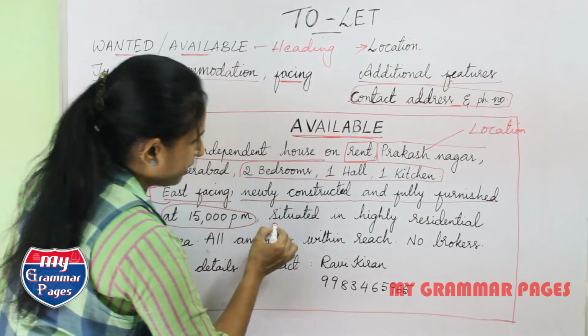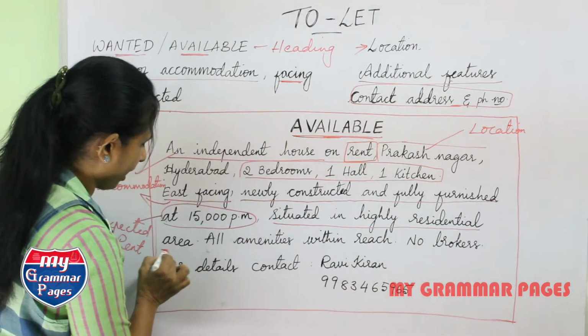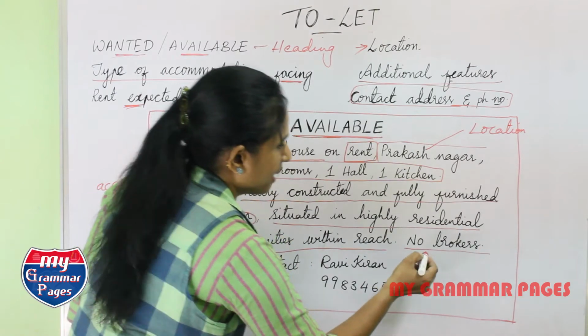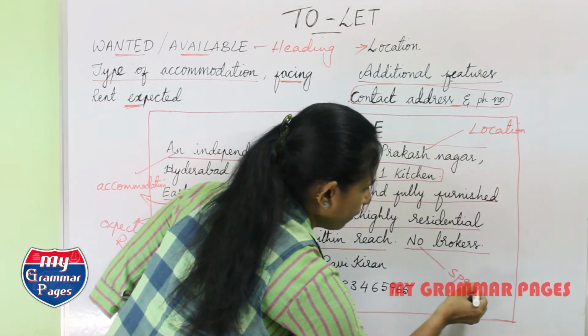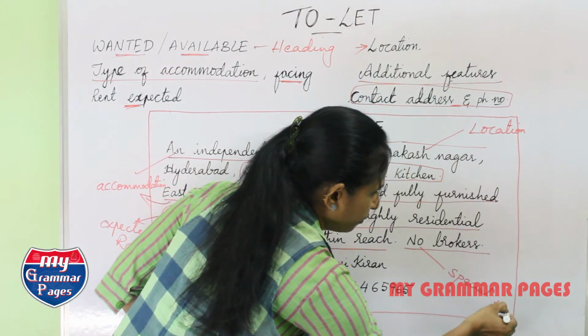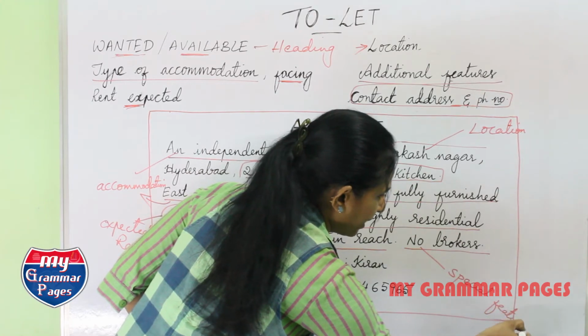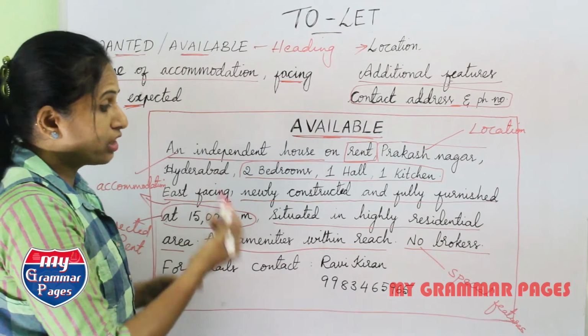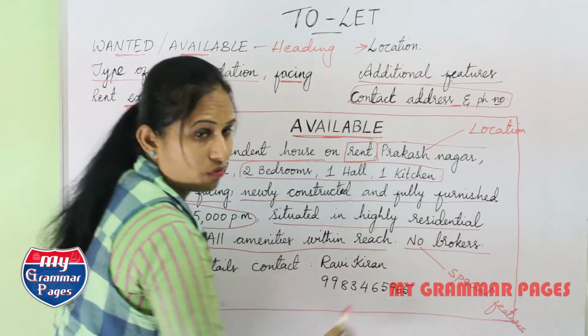Situated in a highly residential area, all amenities within reach, no brokers: these come under the special features. Whatever information you have to give in detail, apart from what you have already given, that extra information goes under special features.